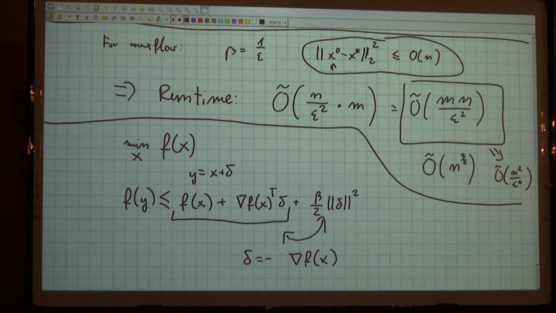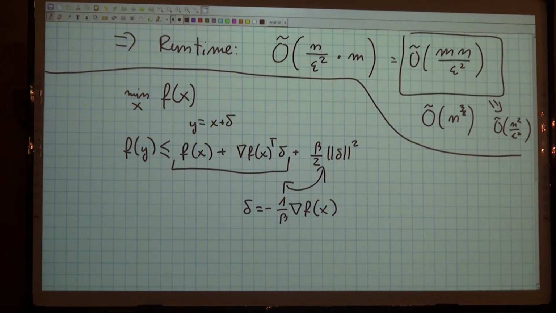Essentially, we figured out that if you just scale it by 1 over beta, then you are guaranteed that whatever increase comes from this quadratic term, the error term, it's not counteracting too much the progress from the linear term. And then we got our progress.